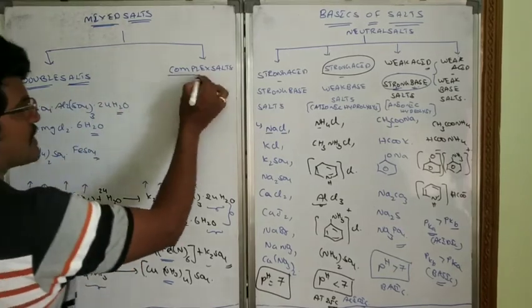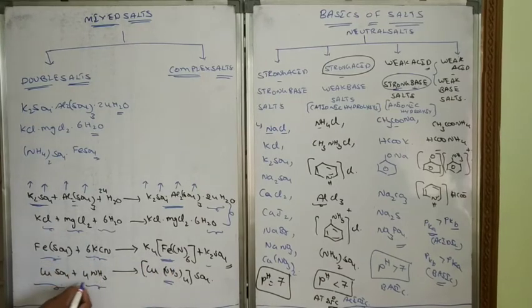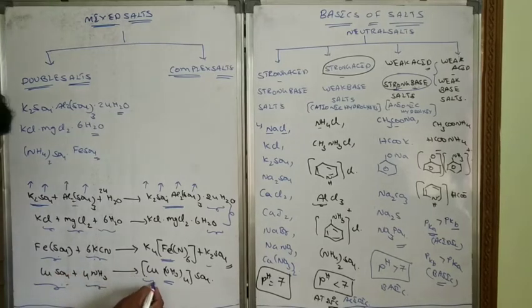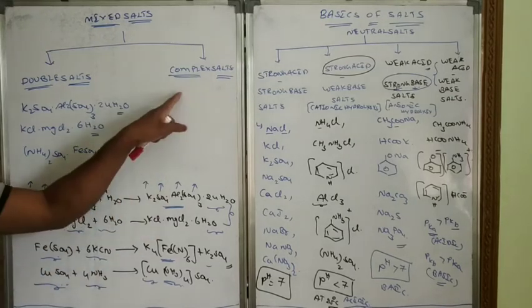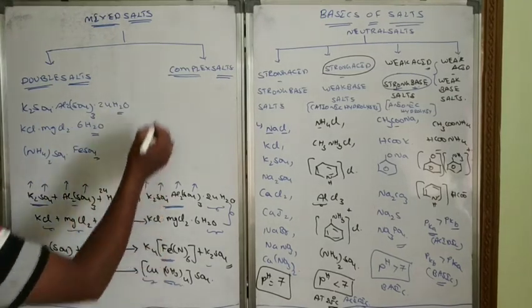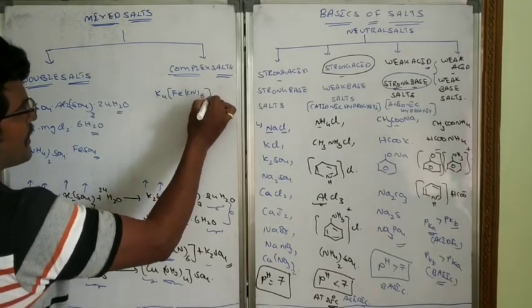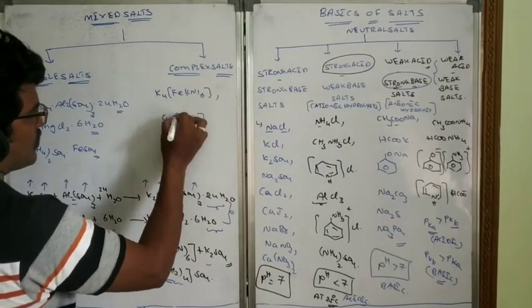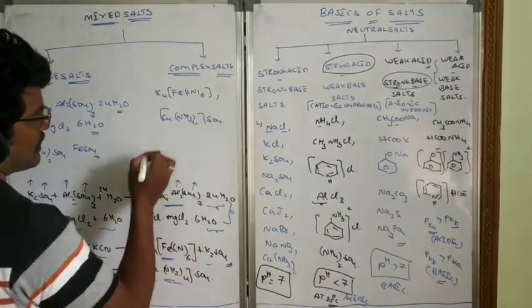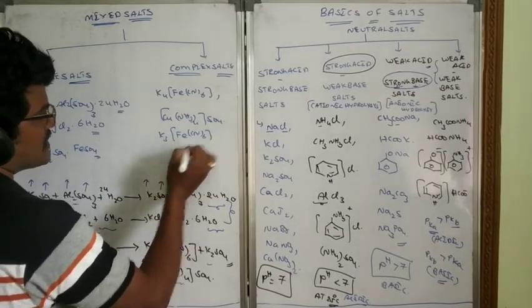What are the complex salts? Salts formed by combination of two or more salts, and which when dissolved in water produce different ions than the parent ions, are called complex salts. The best example is potassium ferrocyanide, K4[Fe(CN)6], [Cu(NH3)4]SO4, K3[Fe(CN)6].